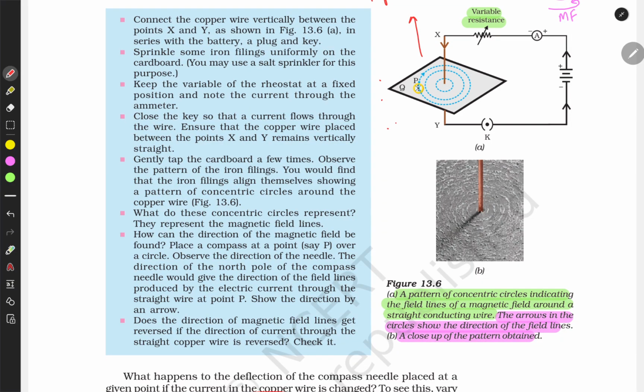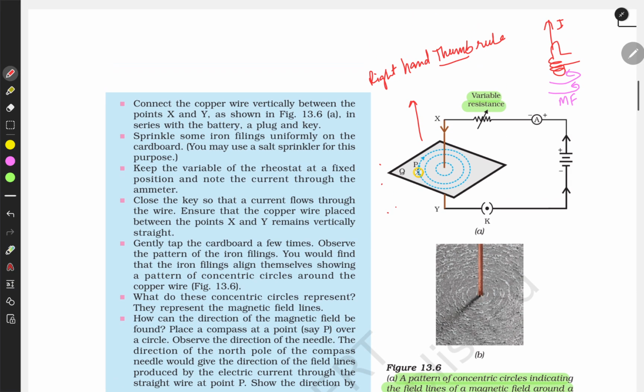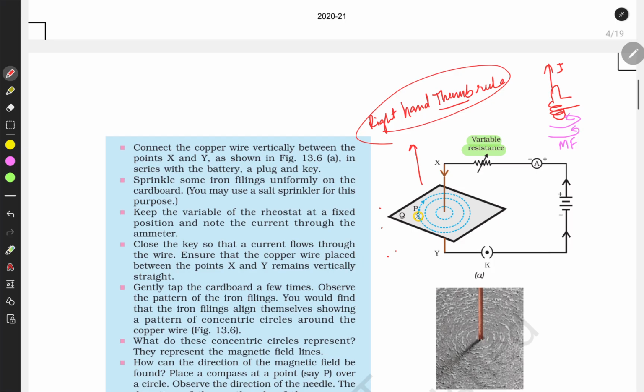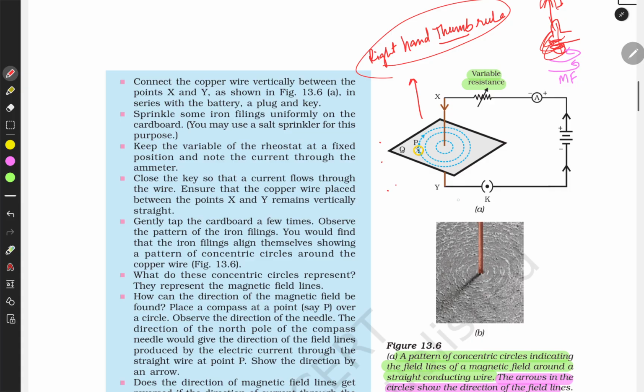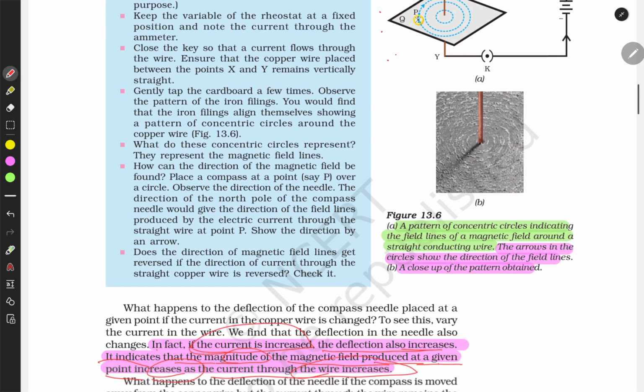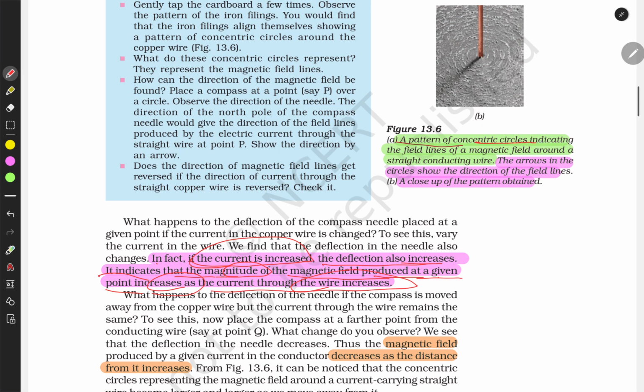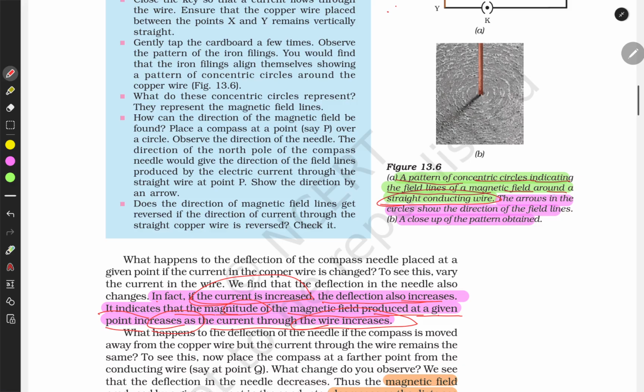About the direction of the magnetic field, we have the right hand thumb rule. When our thumb is up, the direction of the thumb shows the direction of the current, and the direction of our fingers shows the direction of the magnetic field. A pattern of concentric circles indicates the field lines of the magnetic field around a straight conducting wire.